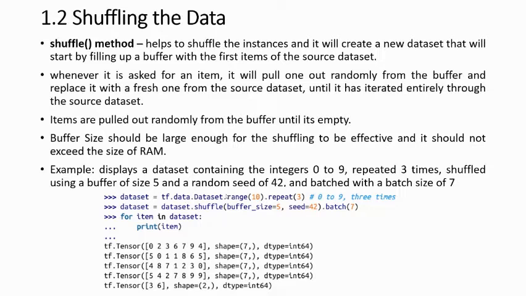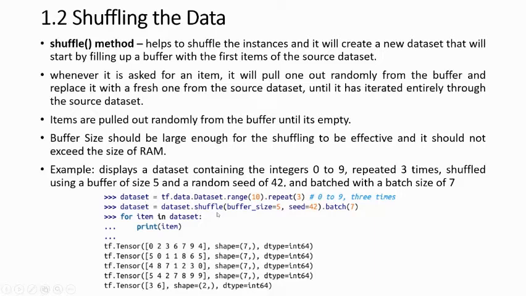Now let's understand this shuffling concept with the help of Python code. We have used range and repeat earlier in the chaining transformation topic, and we have created a new data set out of it. On that data set, we will apply the shuffle method.